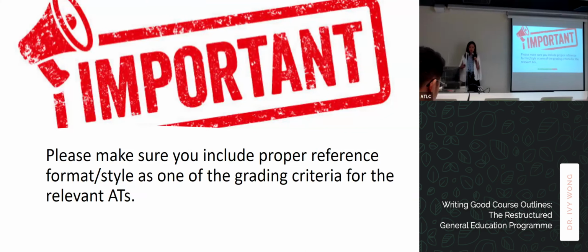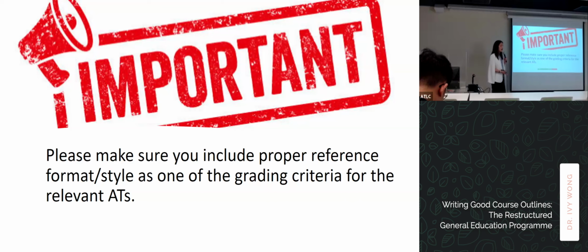Okay, and this is from our external reviewer. Please make sure you include proper referencing format and style as one of the grading criteria for the relevant ATs. For example, if it's just a debate, of course, proper referencing is not relevant there, but for written work, we found that in some of the GE courses, if you plagiarize, you are not going to be penalized according to the rubric.